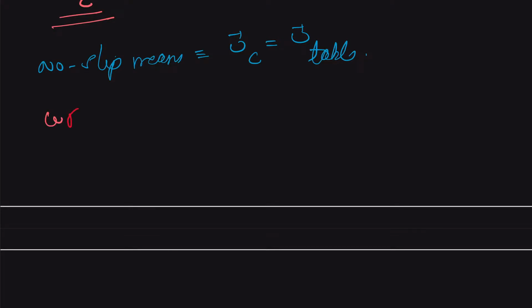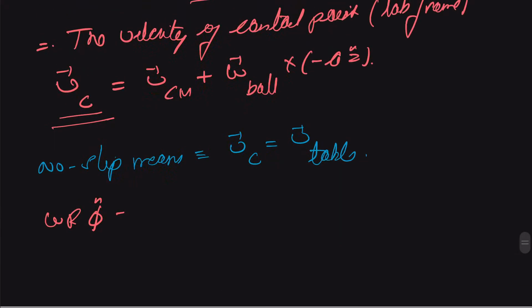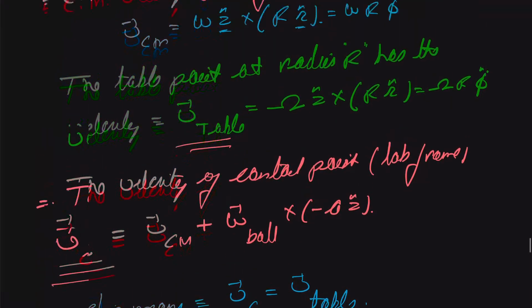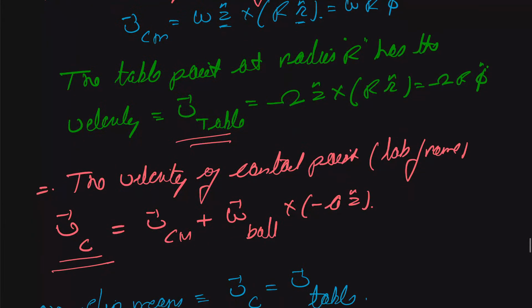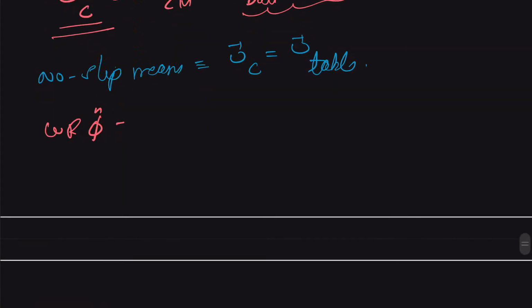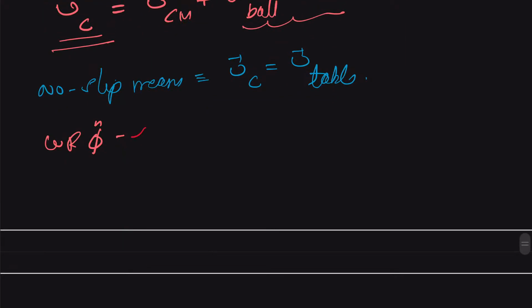So we get omega r phi unit vector minus... second. Yeah, so this is our omega r, and we can just rewrite this as a, because a is the radius of the ball, and this will be equal to omega ball cross z unit.